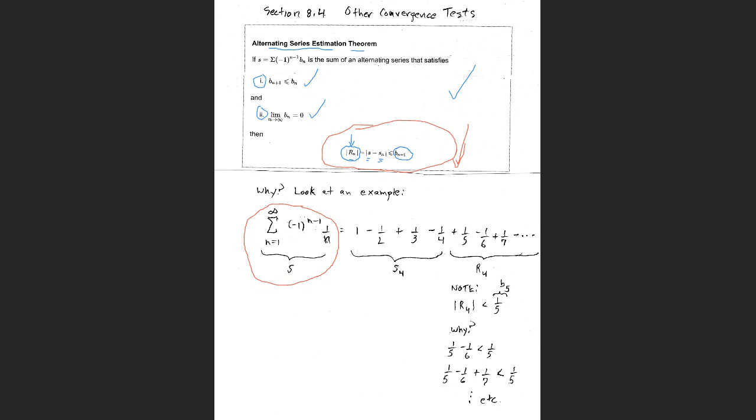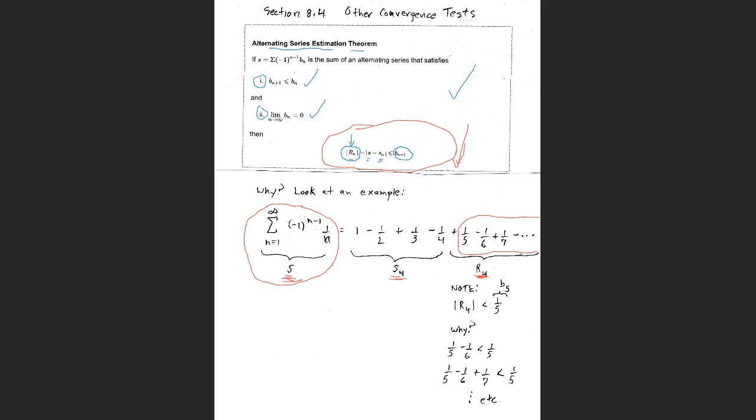So what I've done is, let's say that I'm going to estimate my sum, my series S, with the fourth partial sum, which would be the sum of the first 4 terms. Well, if that's the case, then the error in my estimate would be equal to a fifth minus a sixth plus a seventh, and so on.